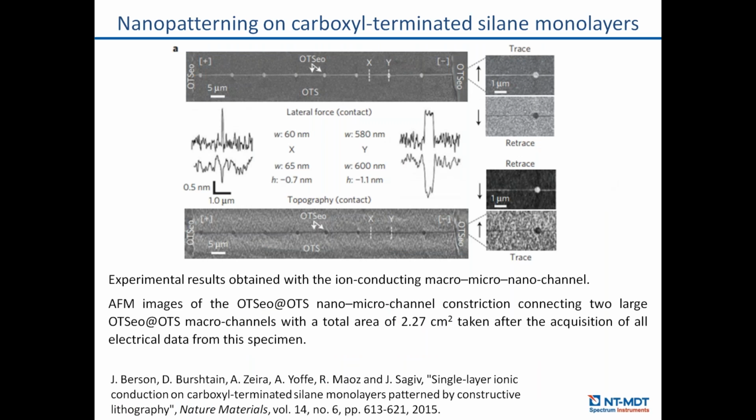after that happened, before we started to work with a team from Israel, they made great work published in this paper in 2015. This work was done on nanolithography on an OTS monolayer, and the OTS is hydrophobic, but if you apply a certain voltage, actually a pretty small voltage, locally, these local areas become hydrophilic.